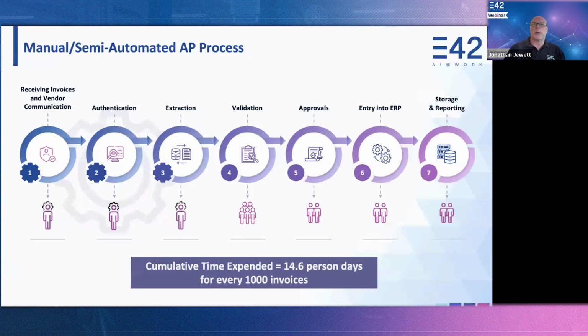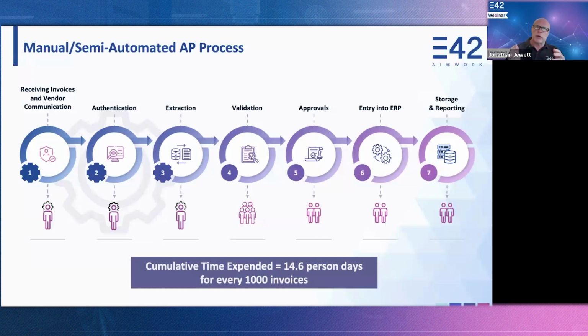So let's look at a typical AP process because, as Roy mentioned, we're going to start with just workflow. At the end of the day, the AP process lends itself well to automation because there are a lot of documents, a lot of invoices. There's a need for data, and accurate data. There are very manual, tedious processes that currently are handled by folks on the team that potentially could be automated.